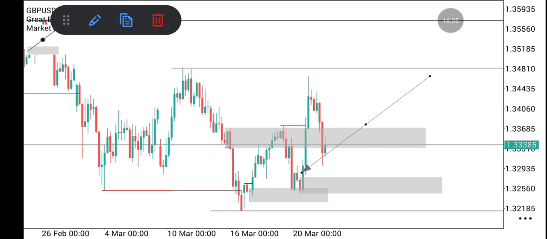Now in the other way, you can still look at this market from another perspective. This push here can still come and continue the bearish move. So what we have to do here is wait for the opening of the week to closely analyze this price action to know the exact direction the market is really trending to.